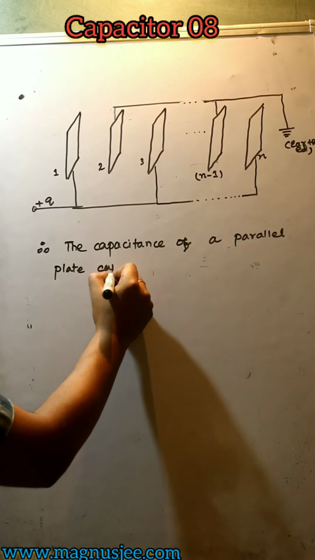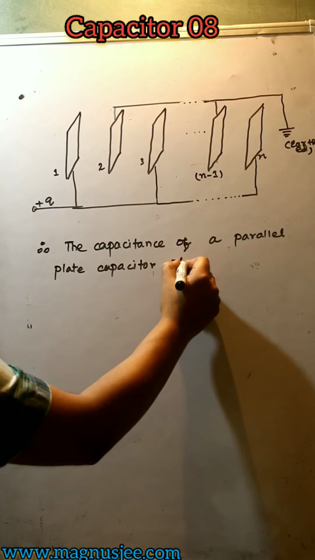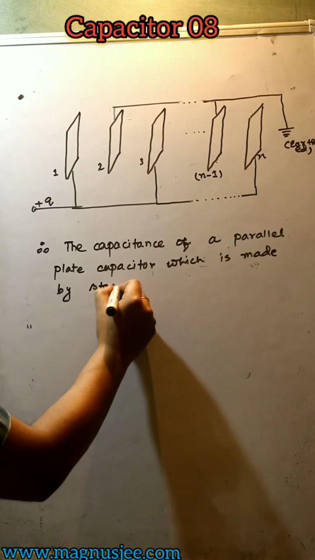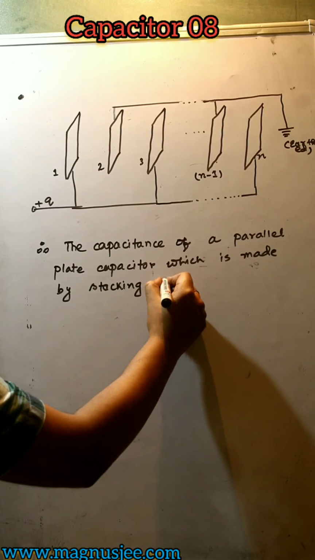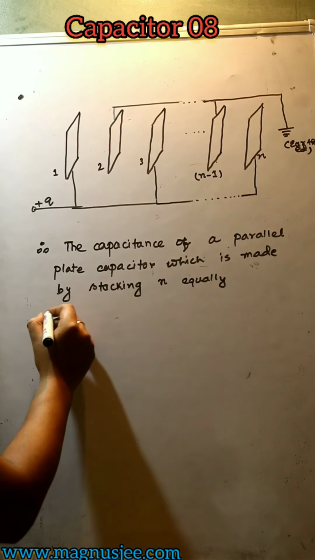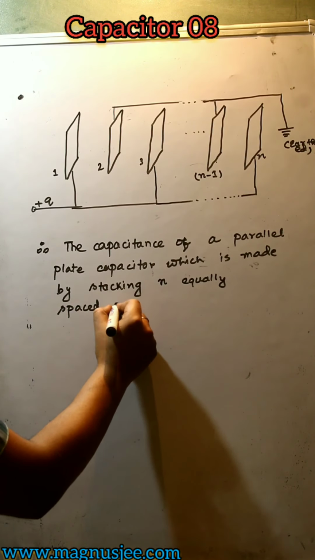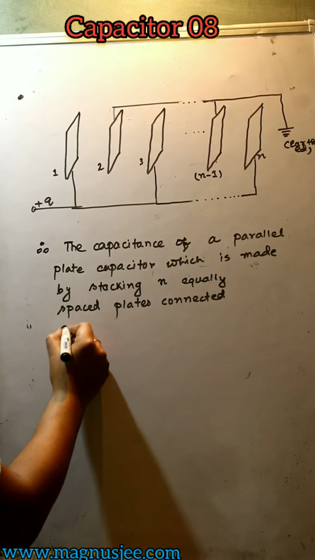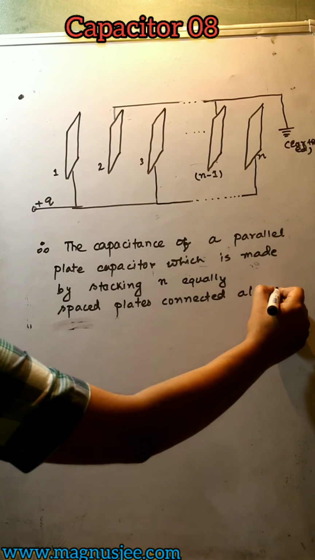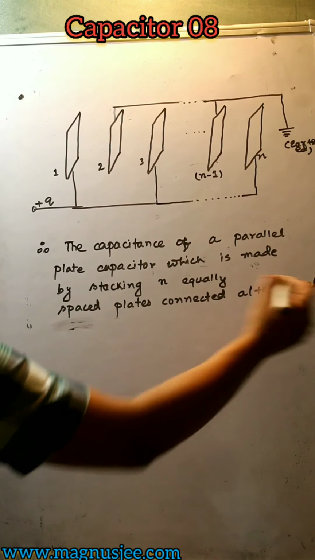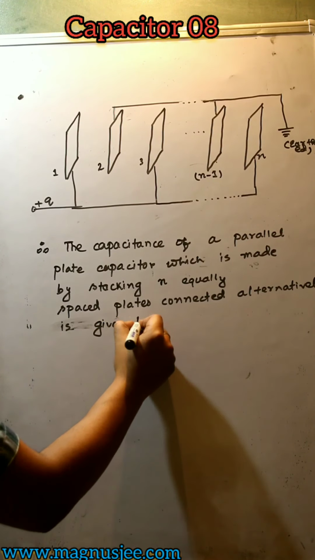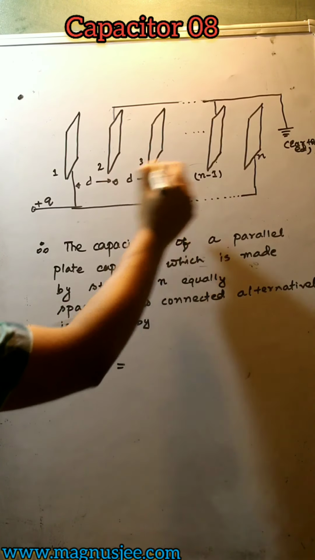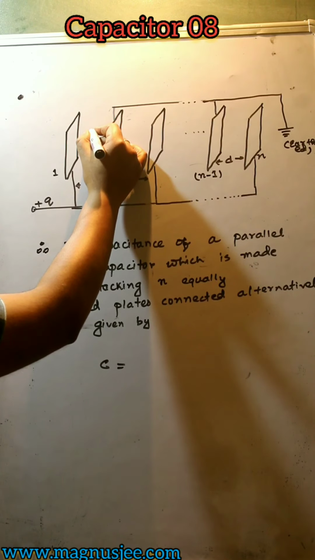The capacitance of the parallel plate capacitor which is made by stacking n equally spaced plates connected alternatively is given by C equal to... D is the distance between the first and second plate, D is the distance between the second and third plate, and in this way D will be the distance between the nth and (n minus 1)th plate.